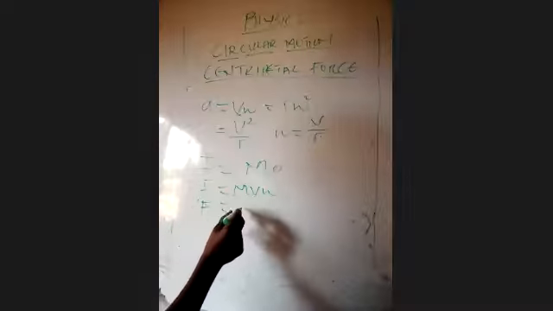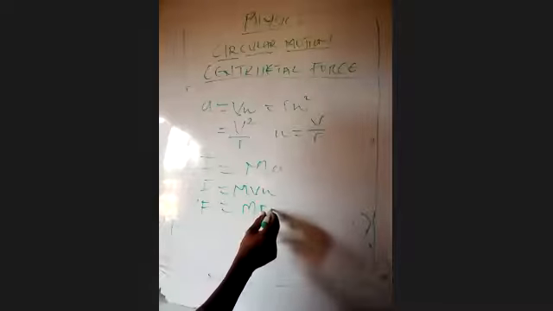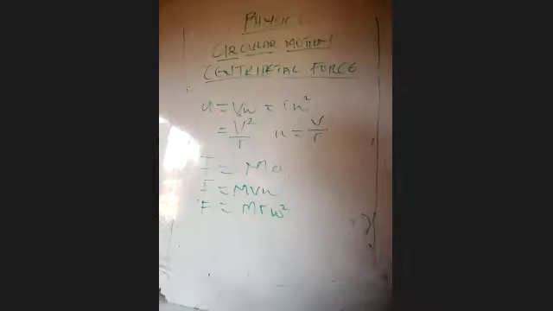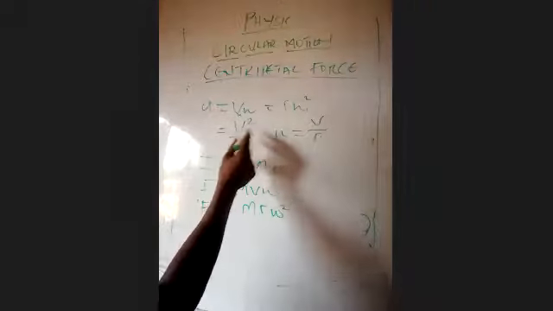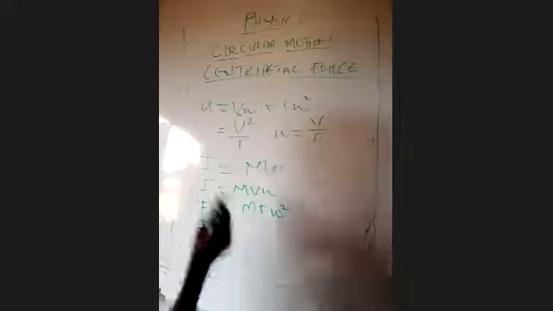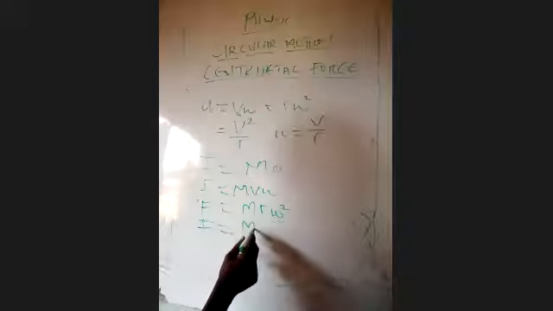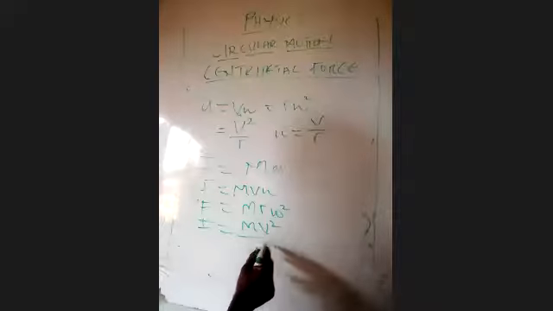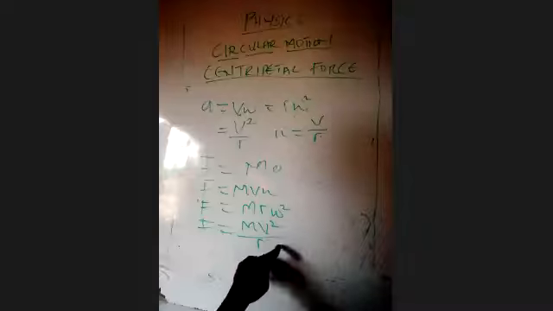Therefore, force will be equal to mRW squared, which will produce V squared over R. RW squared produces V squared over R, and the centripetal force will be equal to mv squared all over R. That is the formula of the centripetal force.